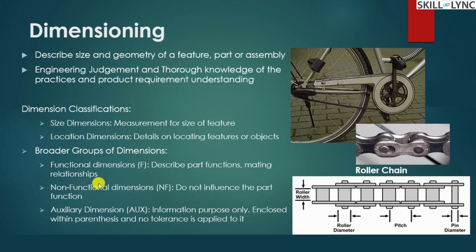In that case, you can declare them within parentheses for communicating the auxiliary dimension information. So this is how it's going to vary. Depending on the function, the designer is required to properly dimension the size and geometry of those features and then categorize them according to the various functions and then deliver to the next line.